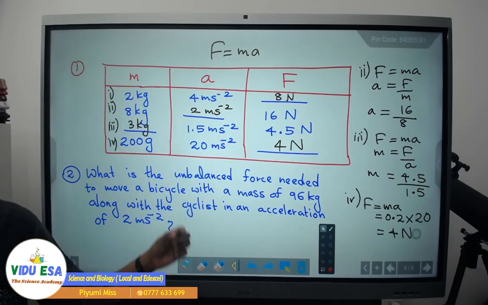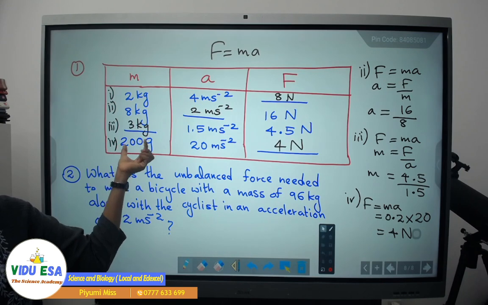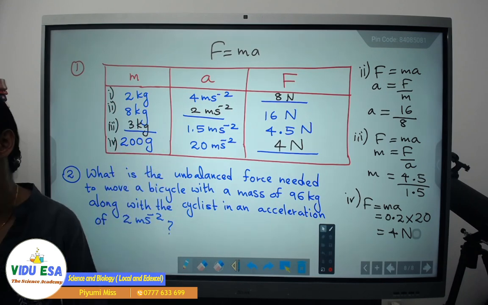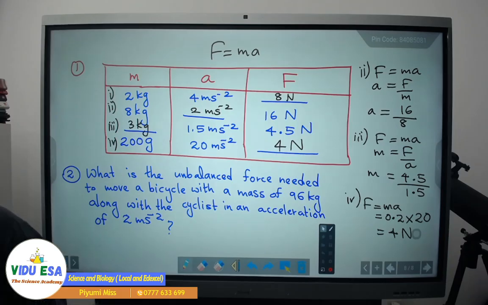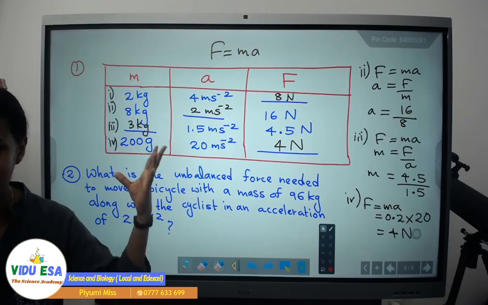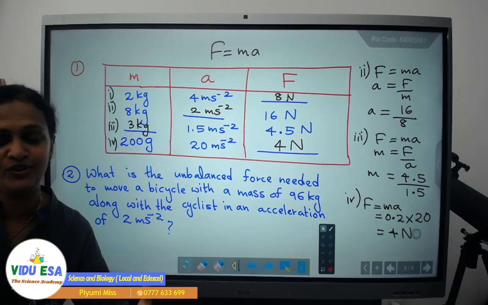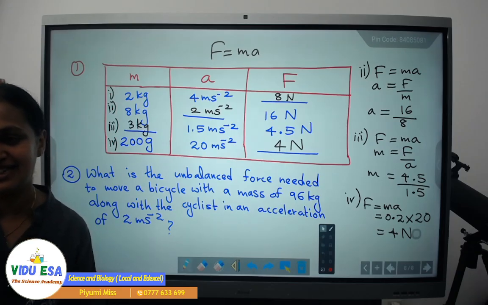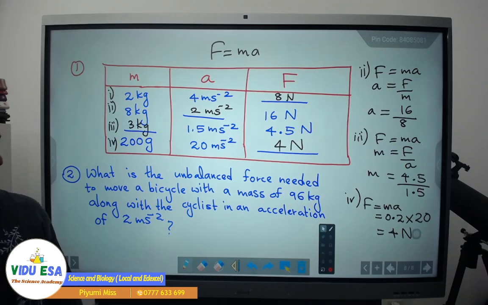Yes, the last one goes wrong if you haven't converted this into kilograms. You have to be careful, right? Because in the equation I gave you, you have to substitute the mass in kilograms. Right?